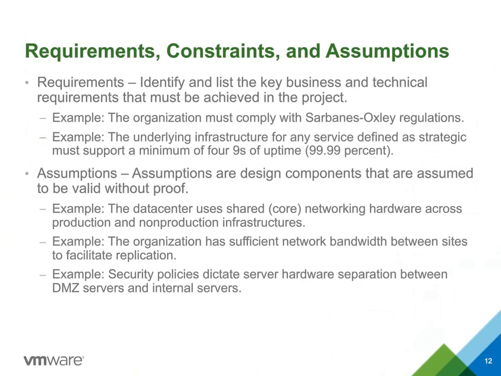By identifying the requirement for 4 nines of uptime, that's going to provide the architect the information necessary to make certain key decisions later on. For instance, one design decision that revolves around the uptime of virtual machines is whether to use vSphere HA versus VMware fault tolerance, or some combination of those.